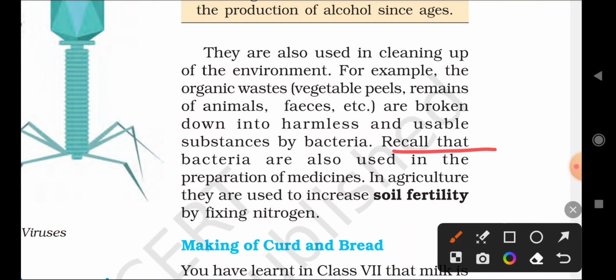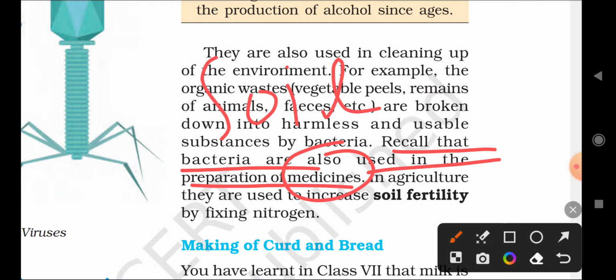Remember that bacteria are also used in the preparation of medicines. Medicines are also prepared from bacteria only, and these bacteria also increase soil fertility. Remember that very important point. We already learned in the first chapter, crop production and management, how soil fertility helps farmers grow crops with very high yield.